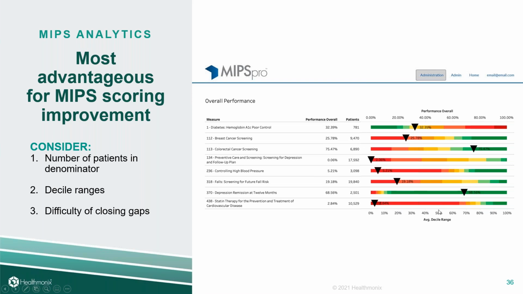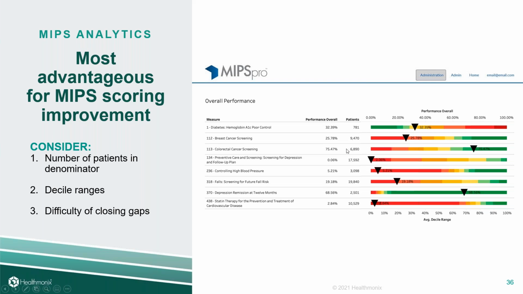But for a measure like the preventative care screening for depression and follow-up, there's a couple of them on here, you can see that you can make systematic gains throughout the entire process to get a better score. So the deciles are a little closer together. Same thing with your diabetes, the deciles are a little closer together. So the better that you do, every single patient matters in your scoring.